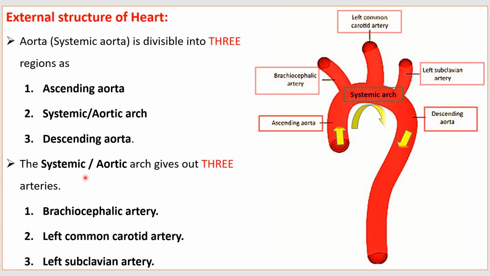The systemic or aortic arch gives out three arteries. Look here, these are the three arteries. This is the brachiocephalic artery. This one is the left common carotid artery, and the third is the left subclavian artery.